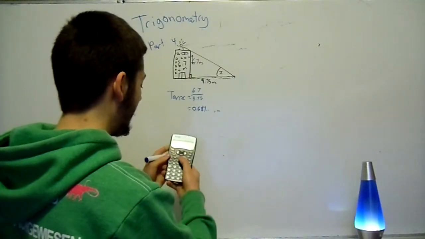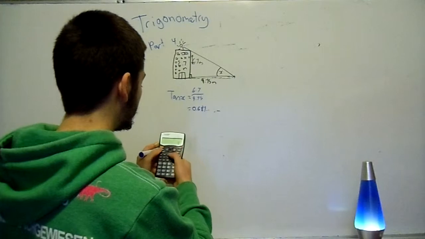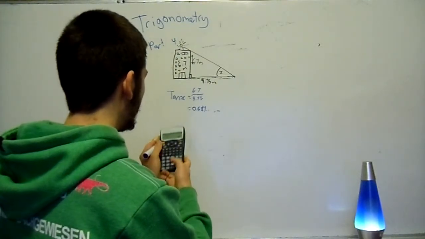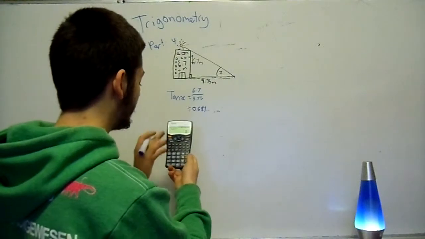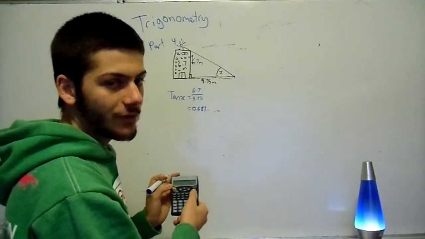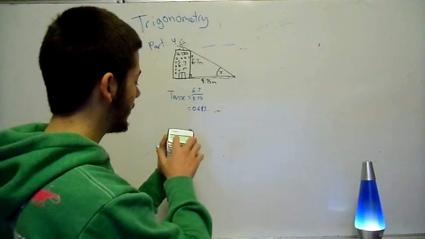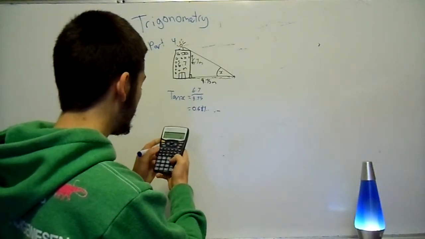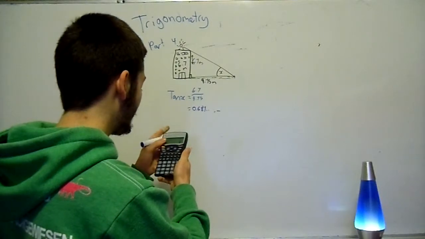Keep that in your calculator, and what you do is you press shift, tan, so you get tan minus 1. Maybe a little different on your calculator, but make sure that you can get the tan minus 1, and then you put in your value, which is going to be your answer from before.